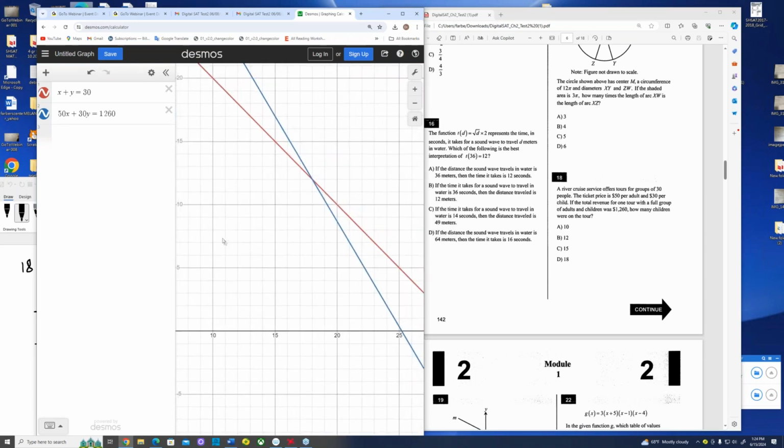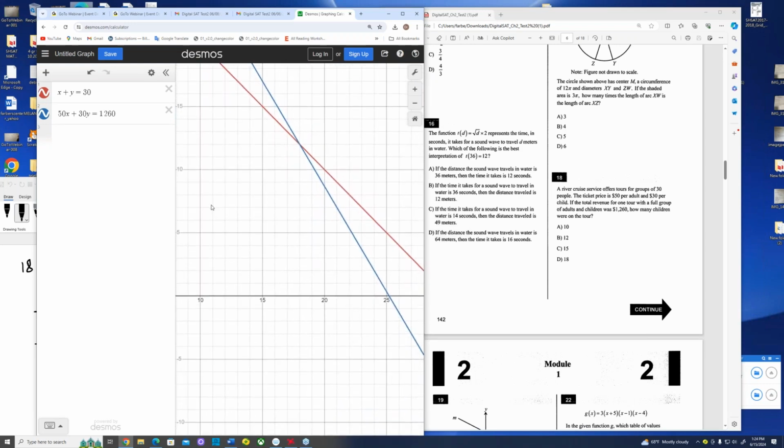Okay. And they ask you how many children you can see per given intersection. For children, I believe I use y, right?